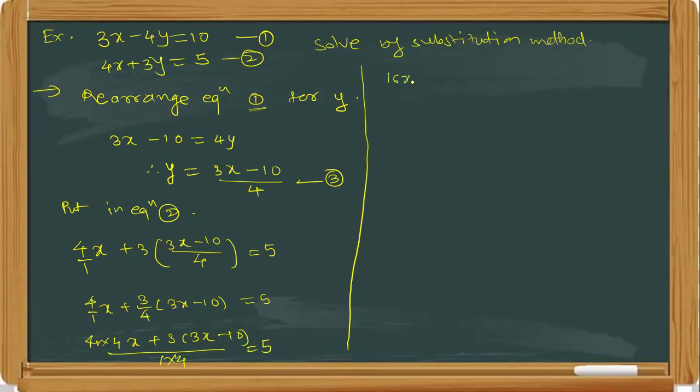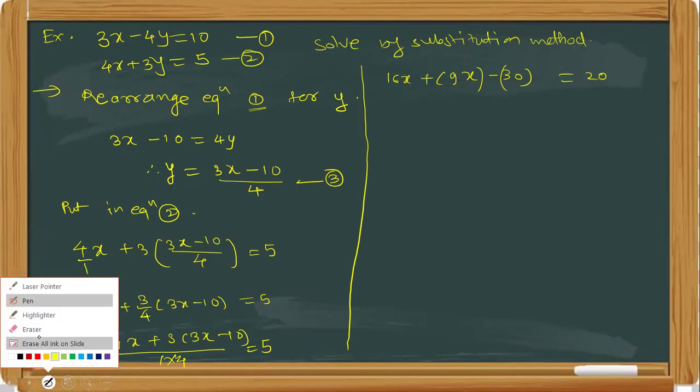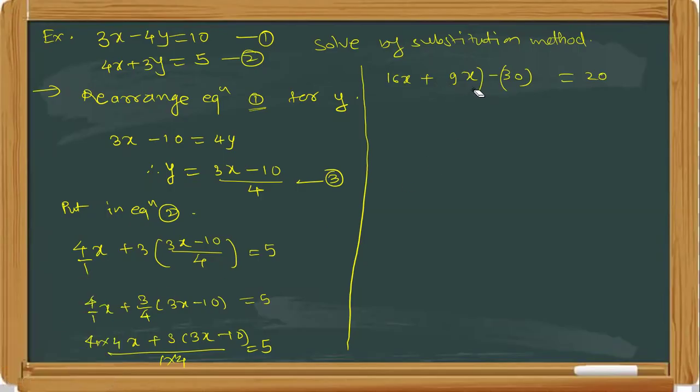Therefore, 16x plus 9x minus 30 equals 20. Open the bracket, there is no need of bracket there. Now it will be 16 plus 9, 25x minus 30 equals 20. So 25x will give you 20 plus 30, that is 50.